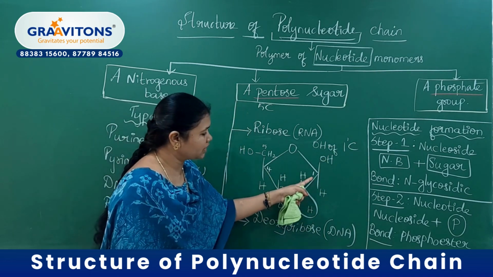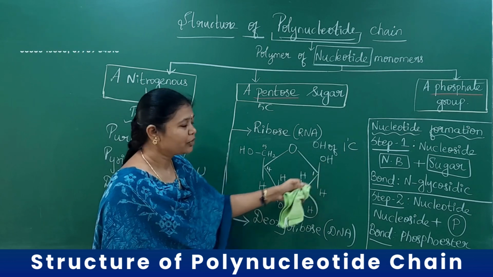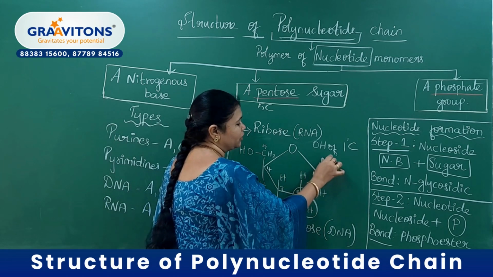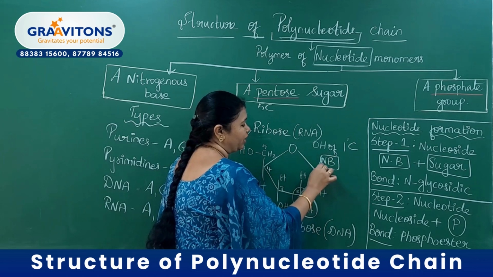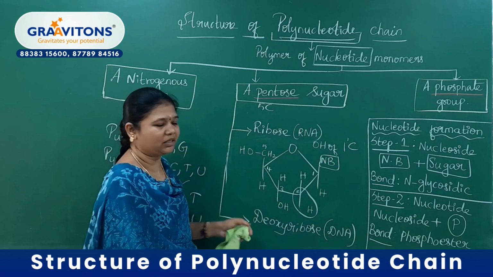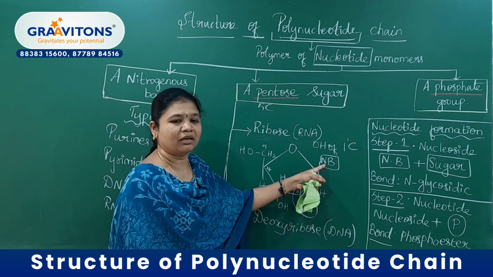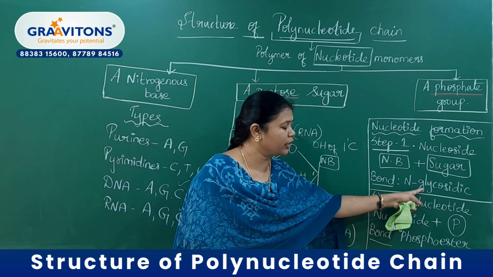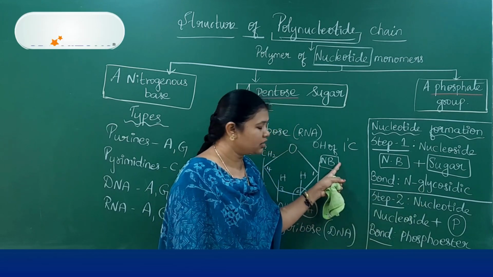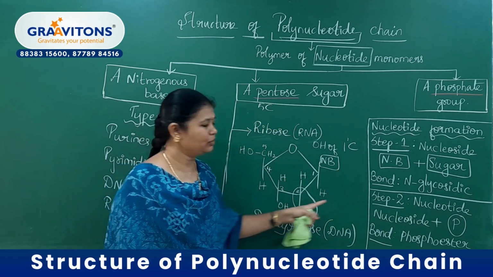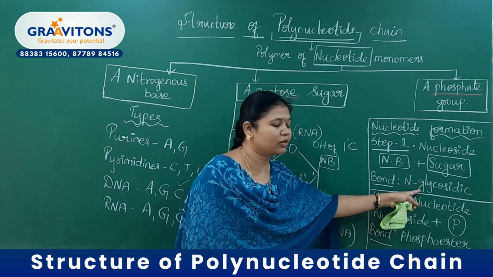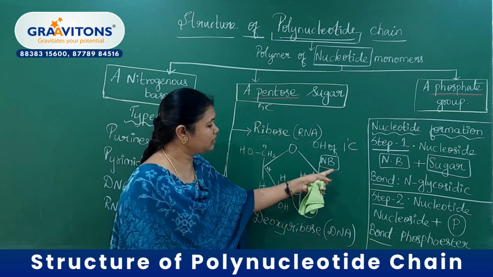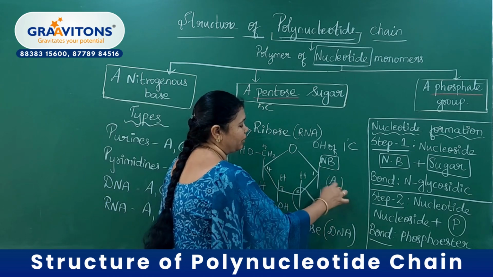At this position the nitrogenous base attaches. A dehydration reaction takes place and the nitrogenous base gets attached. The bond is an N-glycosidic bond, as nitrogen is involved in the bond formation. Say, for example, the nitrogenous base is adenine.